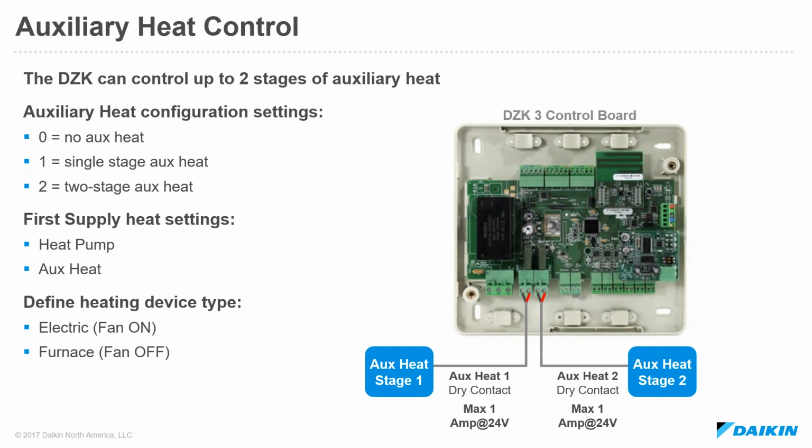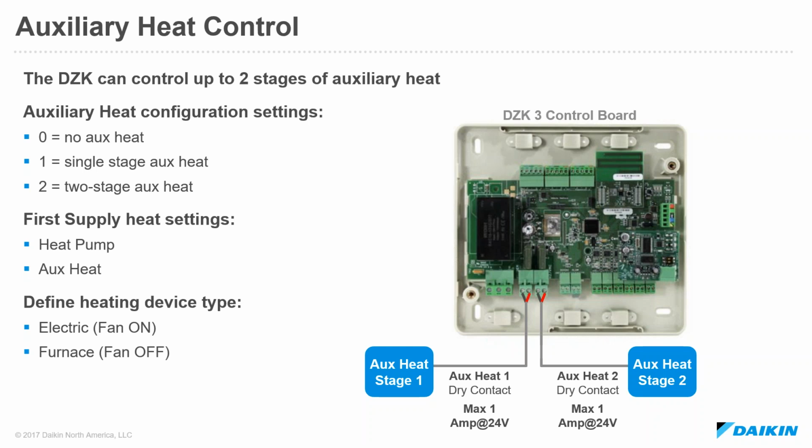The furnace setting is implying to the DZK that there is another source of heat that does not require the indoor unit fan to run. So maybe baseboard radiators, radiant panels, radiant in-floor heating, anything that doesn't require the indoor unit's fan to actually force the air through the ductwork, we can use that furnace setting to basically tell the DZK we don't need to run the indoor unit fan when we're controlling auxiliary heat.